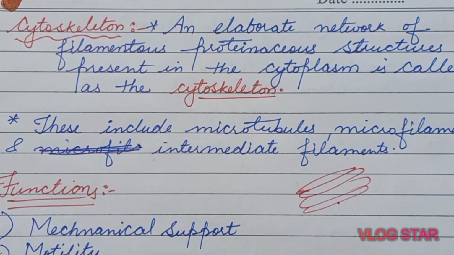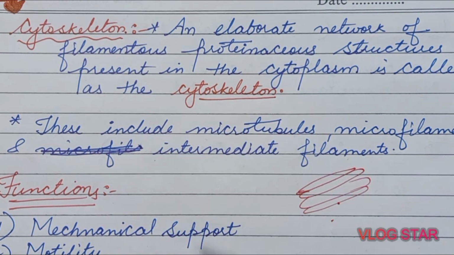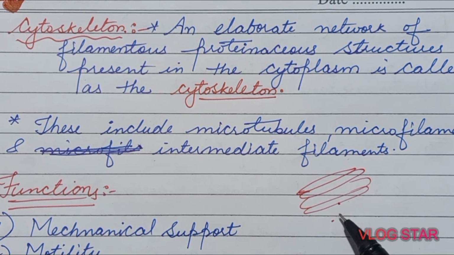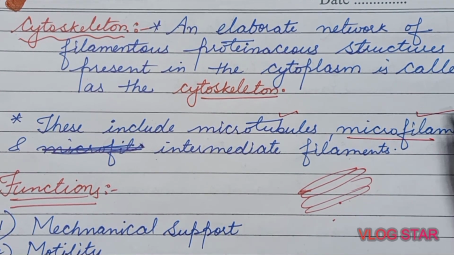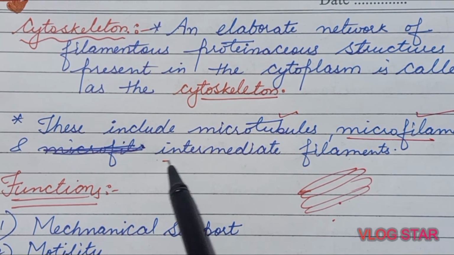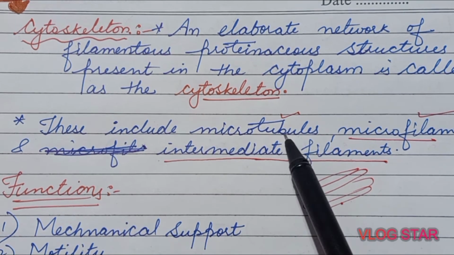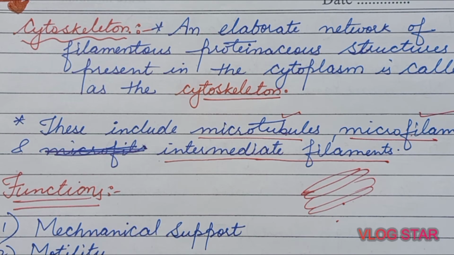So all these proteinaceous filamentous structures constitute the cytoskeleton. What are the different types of these filamentous structures? These filaments can be microtubules, microfilaments, and intermediate filaments. Fine. These are the three different types of proteinaceous filaments present in the cytoplasm of a cell.